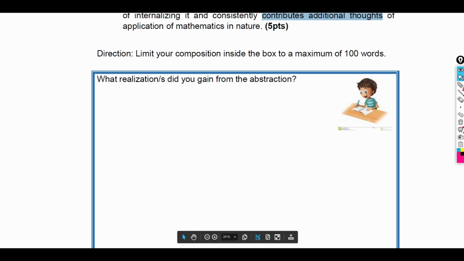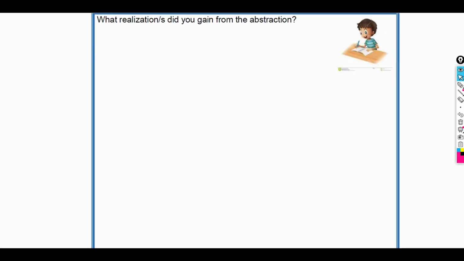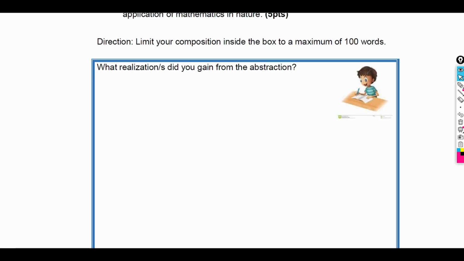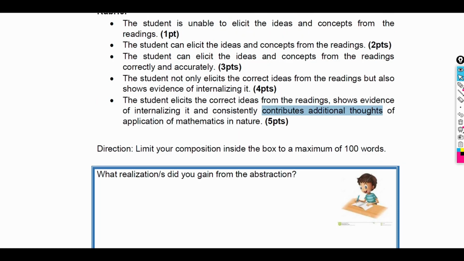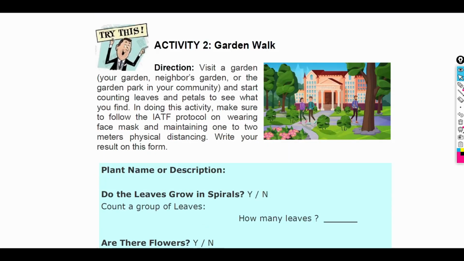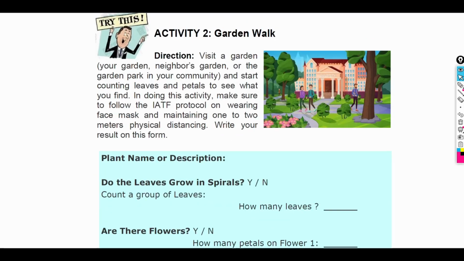You're going to compose your journal to a maximum of 100 words only. Make sure it is a maximum of 100 words. Going beyond that will be deducted from the 5 points, so be careful. Okay, next for activity 2, you do a garden walk.